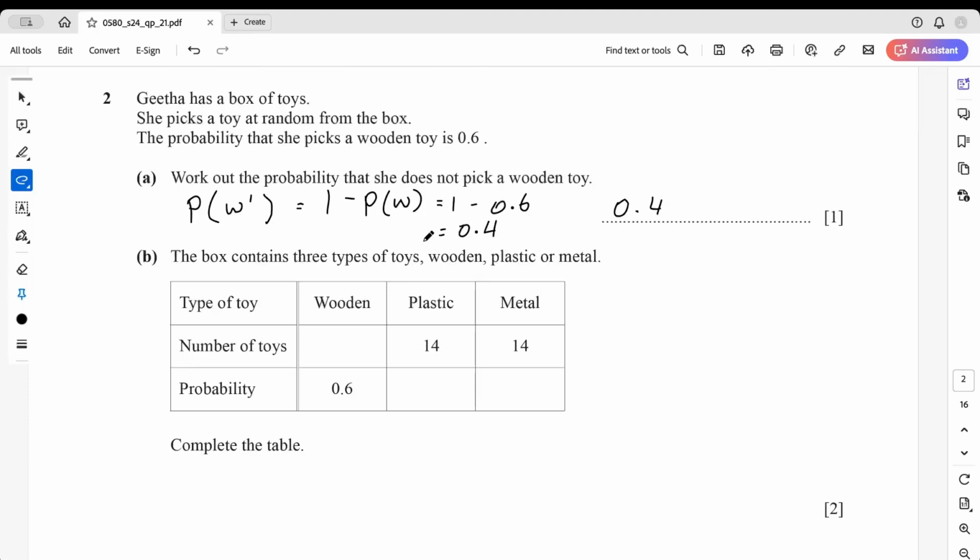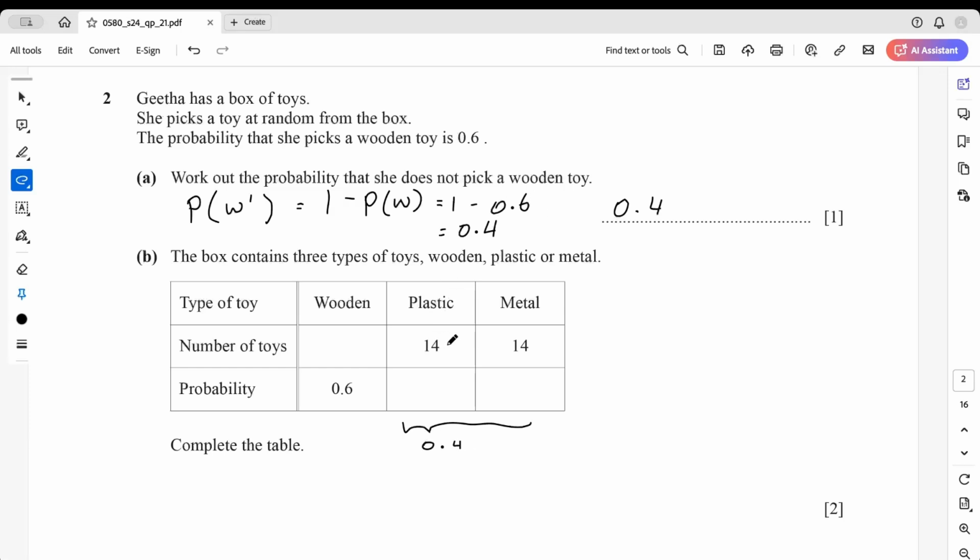2b, the box contains 3 types of toys: wooden, plastic, or metal. Complete the table. Now, we know the probability that she picks a wooden toy is 0.6. So the probability she does not pick a wooden toy must be 0.4. So these two boxes that are seen here must eventually add up to 0.4 as your probability.